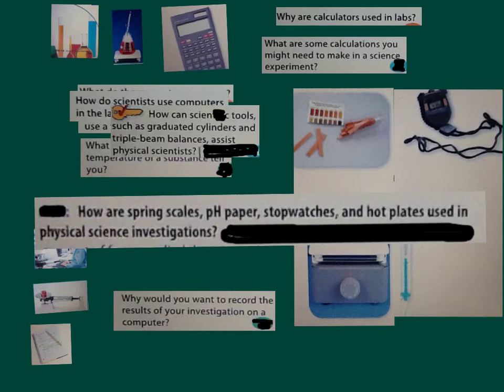How would you use these last few items that I showed you here as a physical scientist in your investigation? Okay, so I want that answered also, please. If you need to, make sure that you're stopping this, writing your information, and then coming back and starting it up again to finish the program.